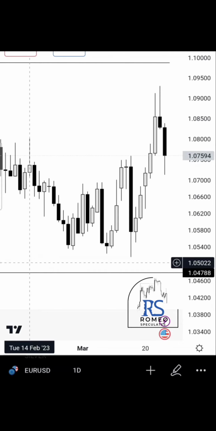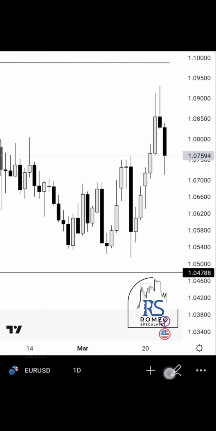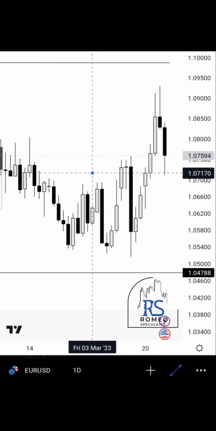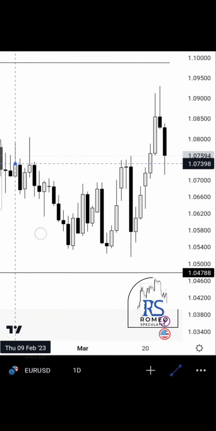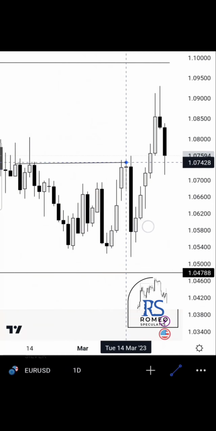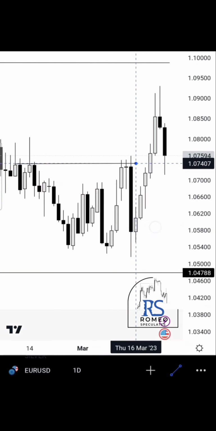So, at the 20th day, we have these equal highs right here. And before you say to yourself that those are not equal highs, yes, they are. Check this out.